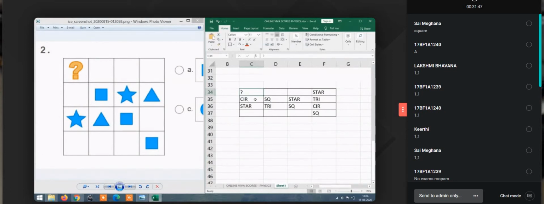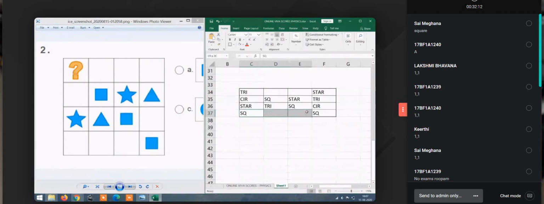Now anyway, you'll again see, yes, this will have triangle or square. Now, if you substitute triangle here, where will the square go? The square will go to the bottom, correct? Now, is this possible? No, right?